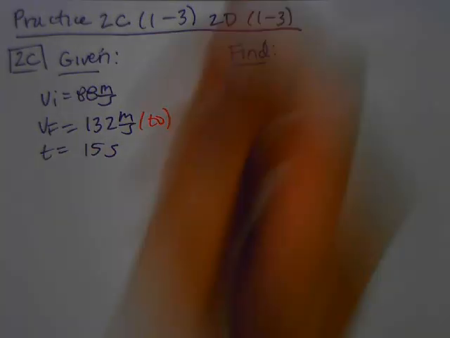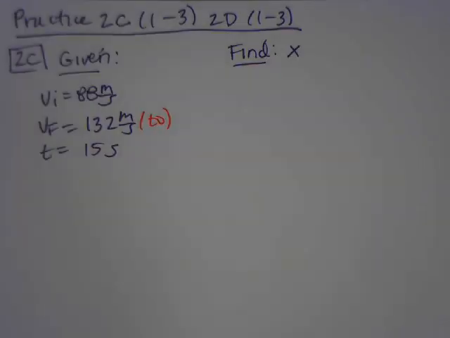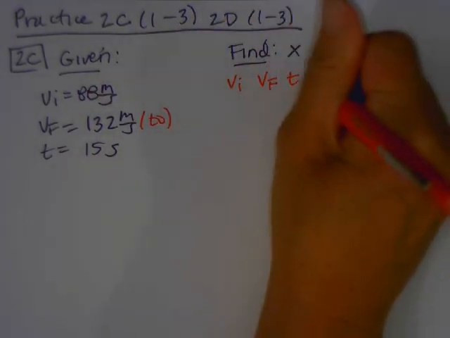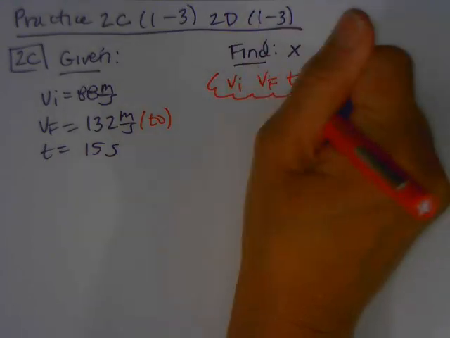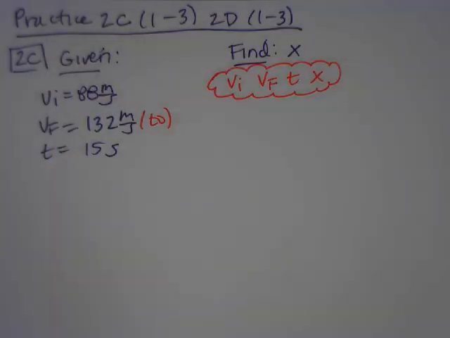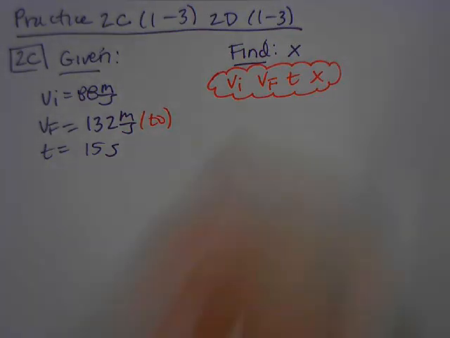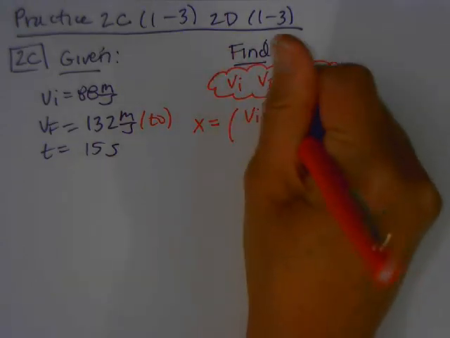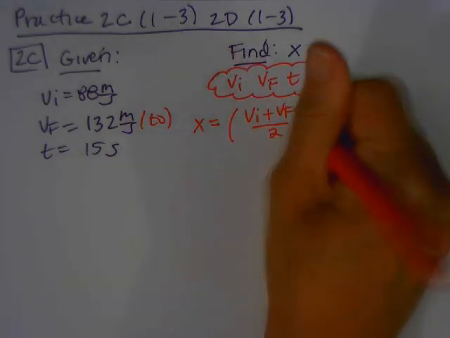So I want to find x. What are my variables? I have vi, vf, and t, and I want to find x. If you notice, there's no acceleration here. So the equation for these 4 variables is x is equal to (vi plus vf) over 2 times t.